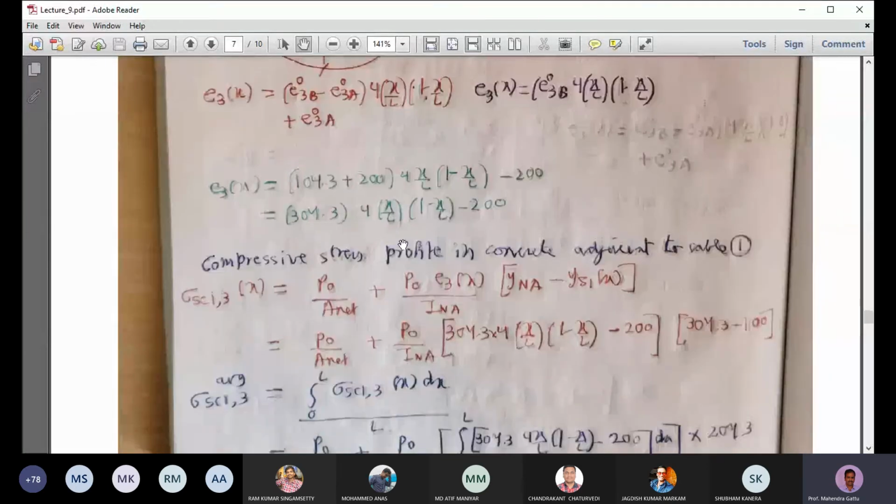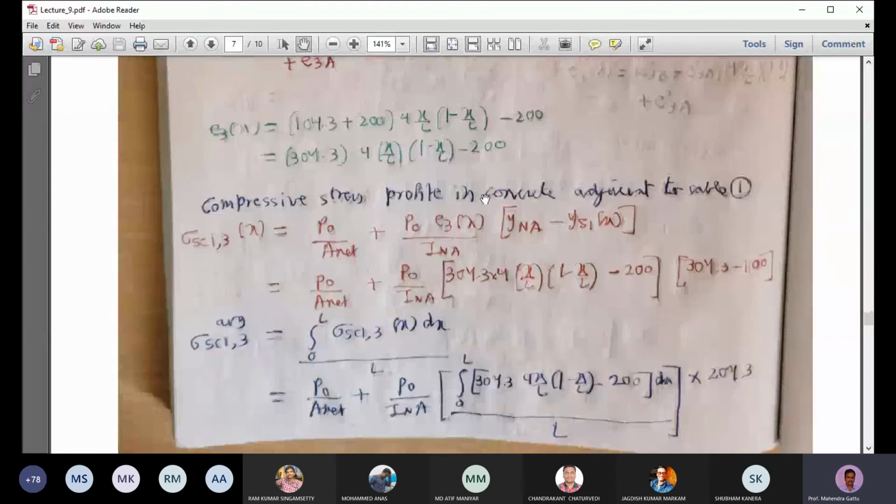So that is the equation for the E3 of x. And now we can find out what is the compressive stress profile in concrete adjacent to cable 1. That is a function of x. So compressive stress in concrete adjacent to cable 1 due to post tension of cable 3 will be P0 by A net, plus the bending moment term. This bending moment is varying because eccentricity is varying here.